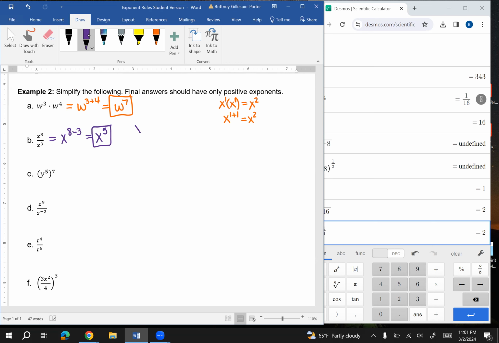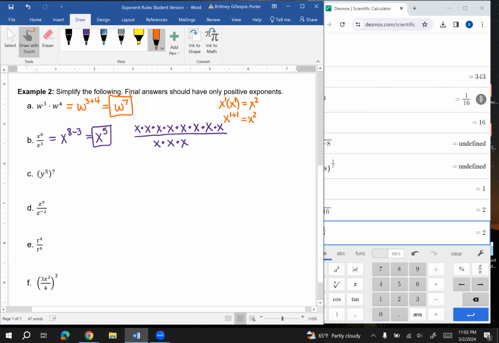Back in the day, you may have seen this written out when you were first learning these exponent rules, where you would write out all x to the 8th and x to the 3rd, and you would cancel out the x's from top and bottom. And since you were left with 5 x's times each other, you got an x to the 5th. We don't have to write this out because we remember the exponent rules.